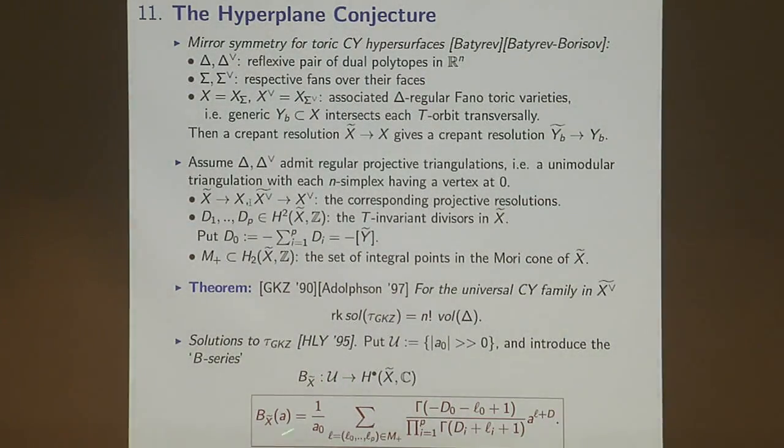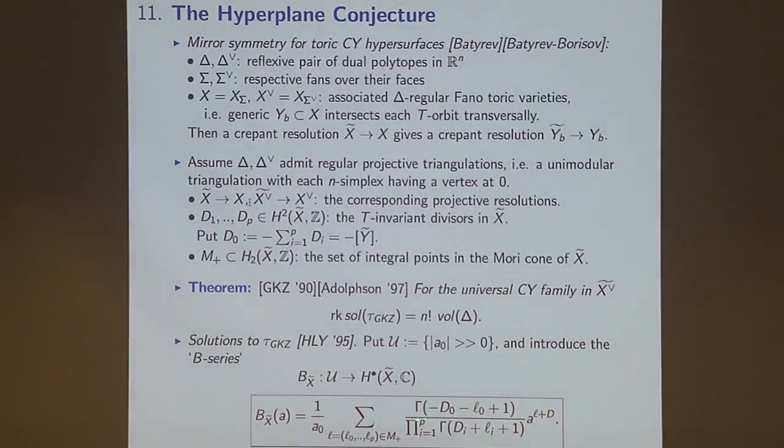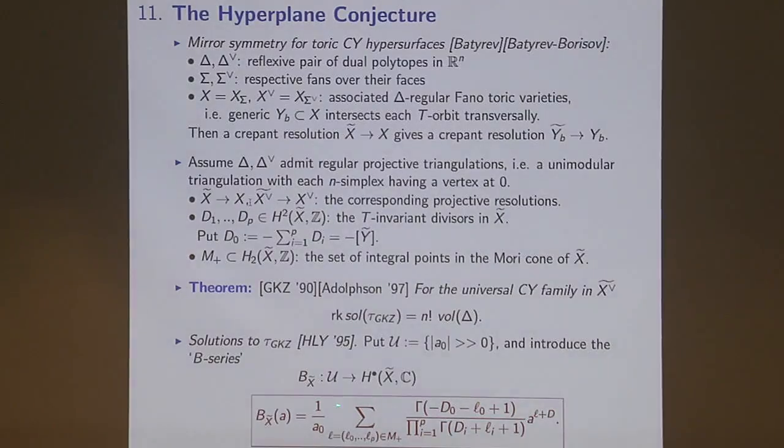Explicitly, it's simply given by this formula. Let me explain the formula. The gamma here is the usual gamma function, except that the arguments you put in there are formal symbols. So this should be thought of as a formal power series in the symbol D_0. D_0 will acquire a meaning when you specialize it to this cohomology class D_0. Because the cohomology ring is nilpotent, it makes sense to expand this as a power series, and it will have finitely many terms in powers of D_0.